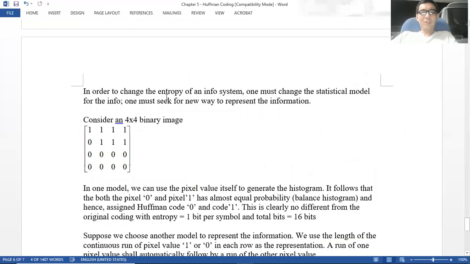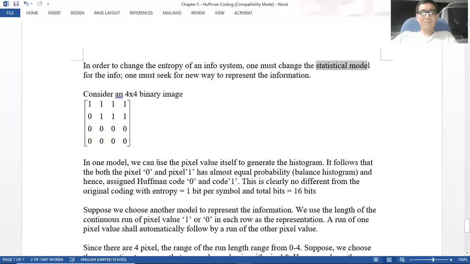In order to change the entropy, you must change the statistical model of the information. For example, let's say you have this binary image. If we use one model where you just follow the distribution of the gray level, which is 0 and 1, you have only two levels, and their probabilities are very similar.